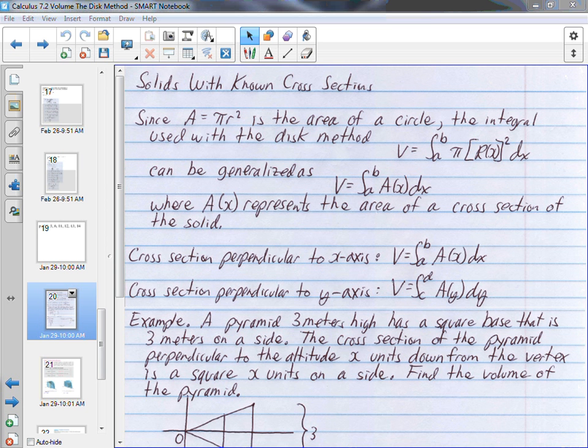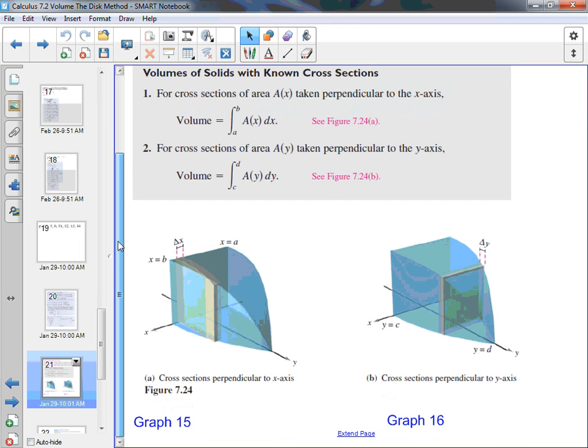So let me come back to this screen in just a minute. If we have something like this, it's on page 461 in your book, and I don't have neat little animated things to go with this. I have some, but all they do is show you different views of it, which isn't very helpful, I don't think. But here's the thing.